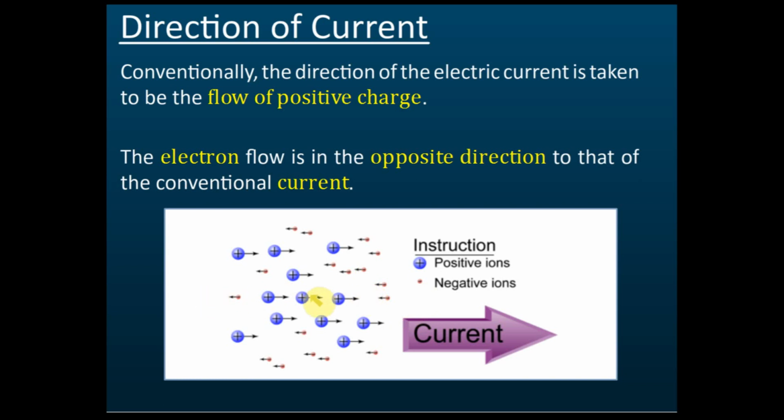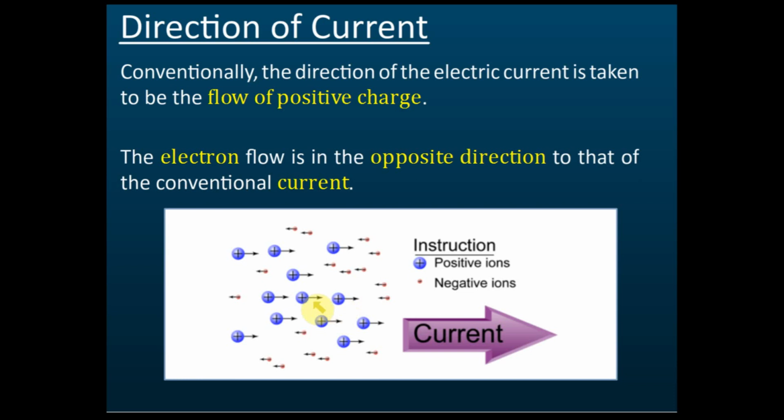Always remember, the negative charge always moves in the opposite direction of the positive charge. If the positive charge moves to the right, the negative charge will move to the left. If the positive charge moves up, the negative charge will move down.